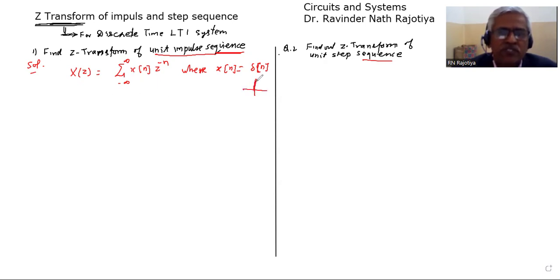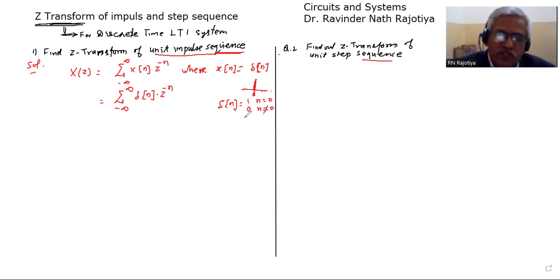Putting this value there, we have the summation from minus infinity to plus infinity of delta of n into z power of minus n. From this graph, I can write that delta n is equal to 1 for n equal to 0 and 0 for n not equal to 0.